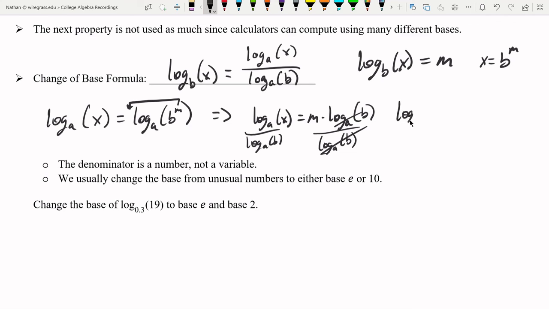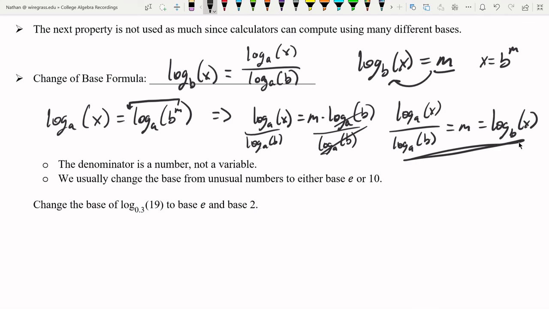That gives me log base a of x over log base a of b equals m, but m is just log base b of x. And there is the formula right there.